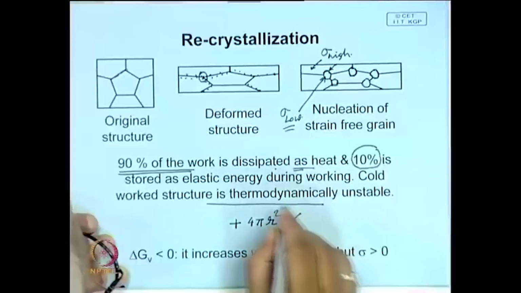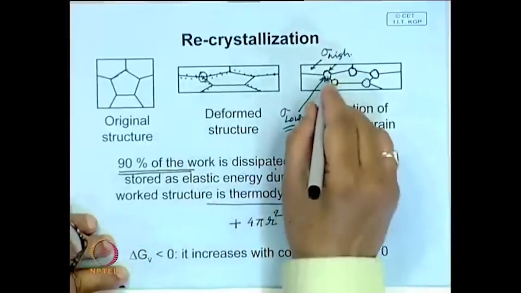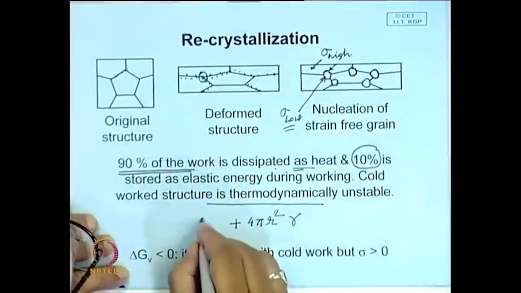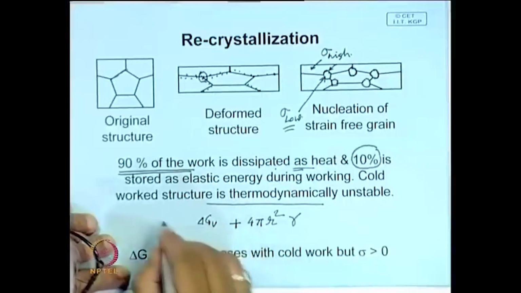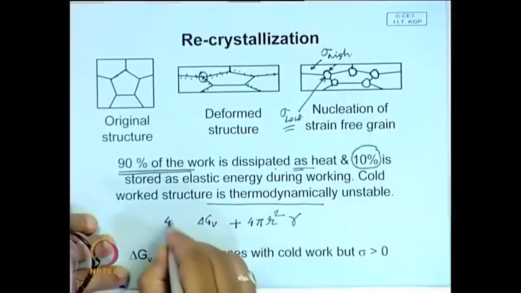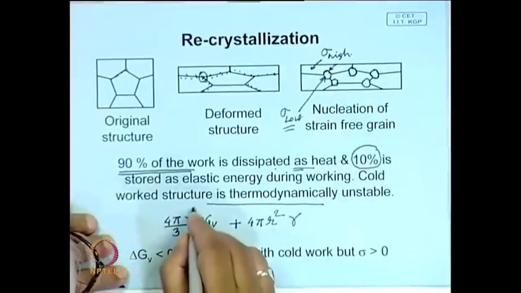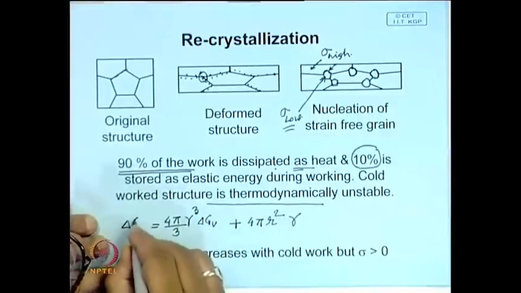So, this is positive, this much energy has to be supplied, and this is provided by the elastic stored energy, that is delta G V. This is the elastic stored energy per unit volume, and if you multiply this by the volume, you get the total energy.